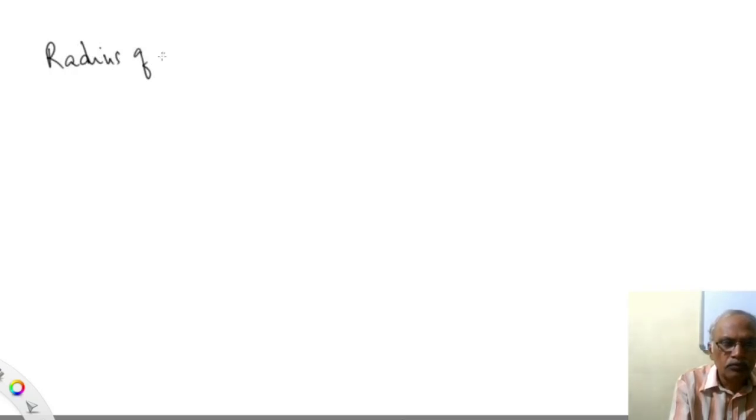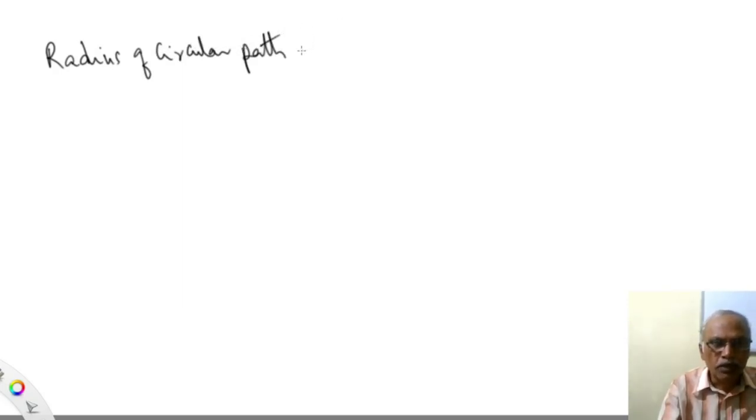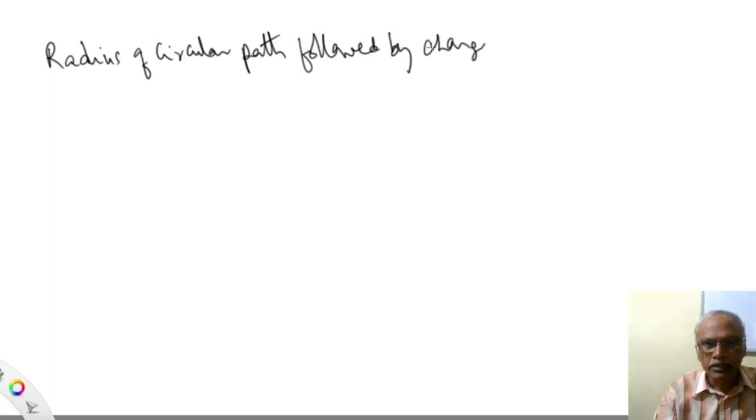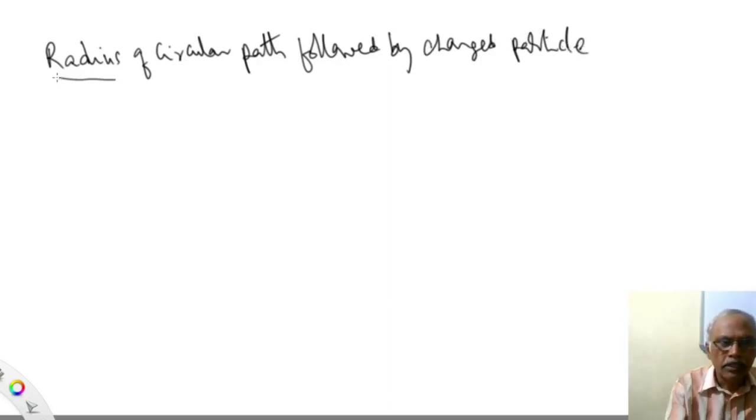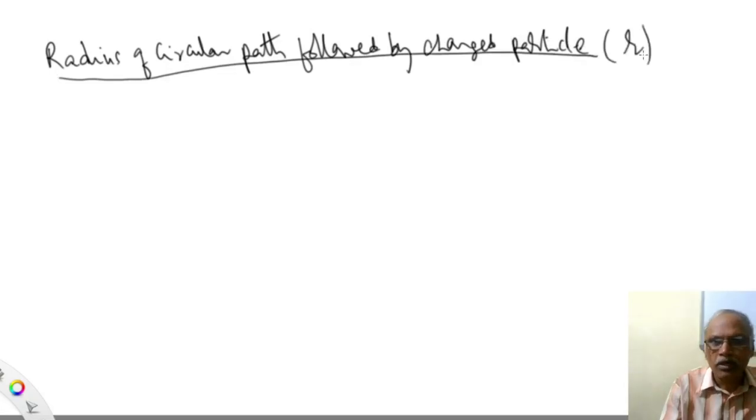The circular path followed by whom? By the charged particle. Now we derive the expression for the radius of the circular path followed by the charged particle.